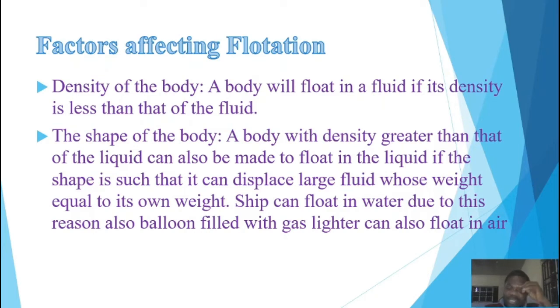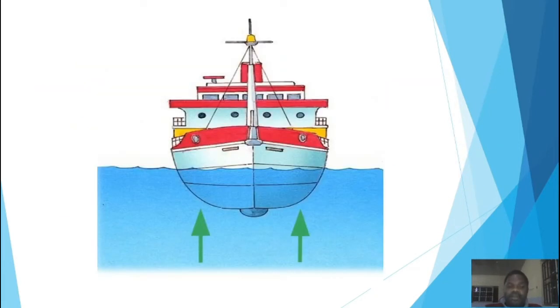So when it tends to rise up, the weight of the air it will displace will now become equal to its own weight. Therefore, it will remain floating. Then you look at the ship, the hollow shape of the ship makes the upthrust on the ship so great that it can support the weight of the ship in the water.